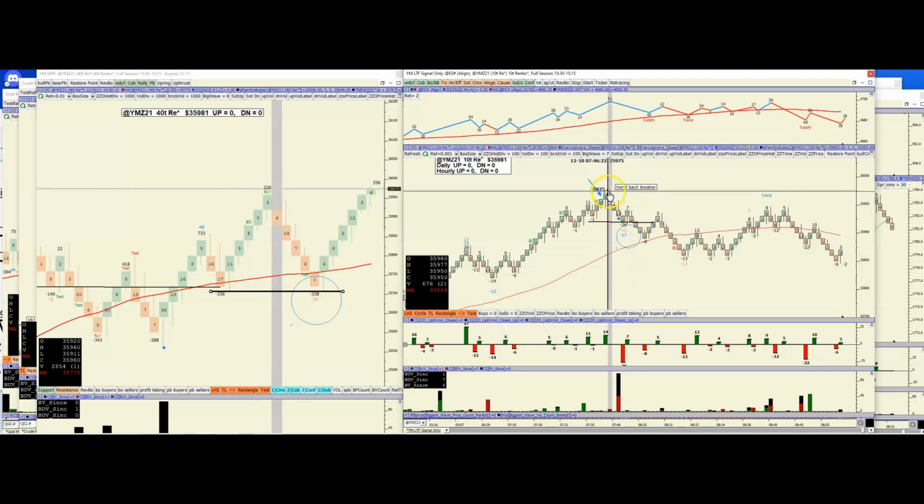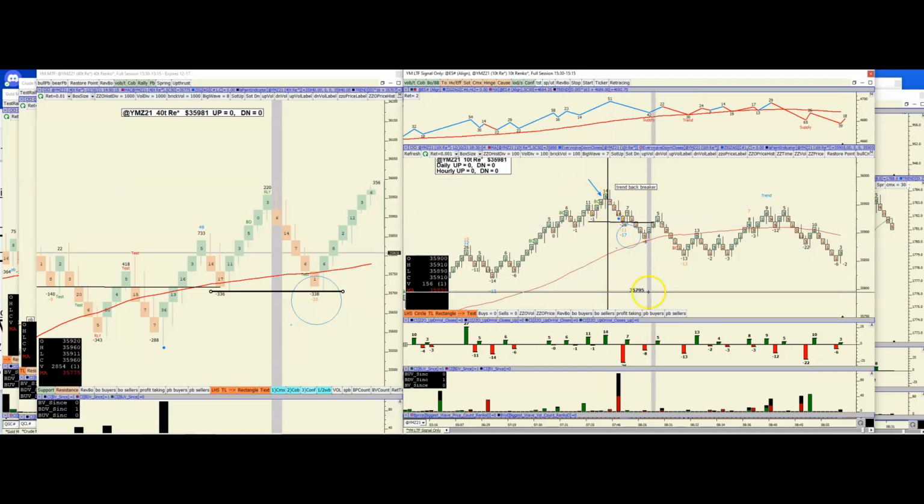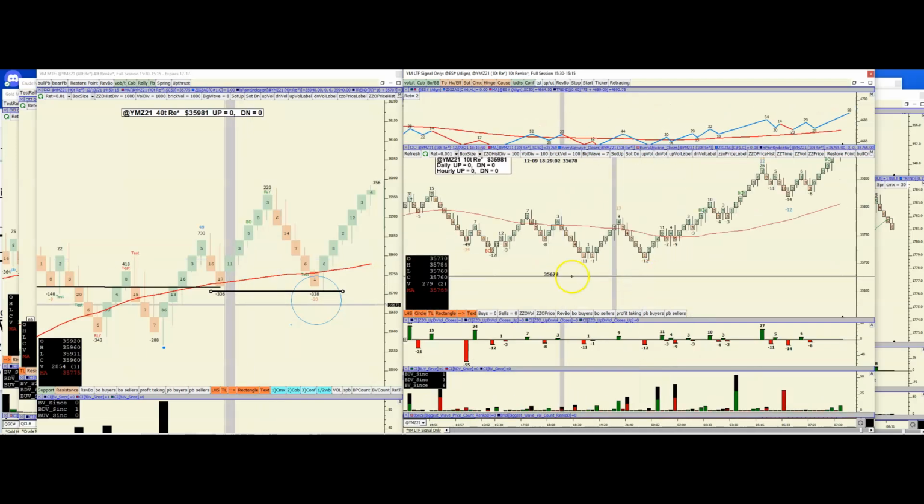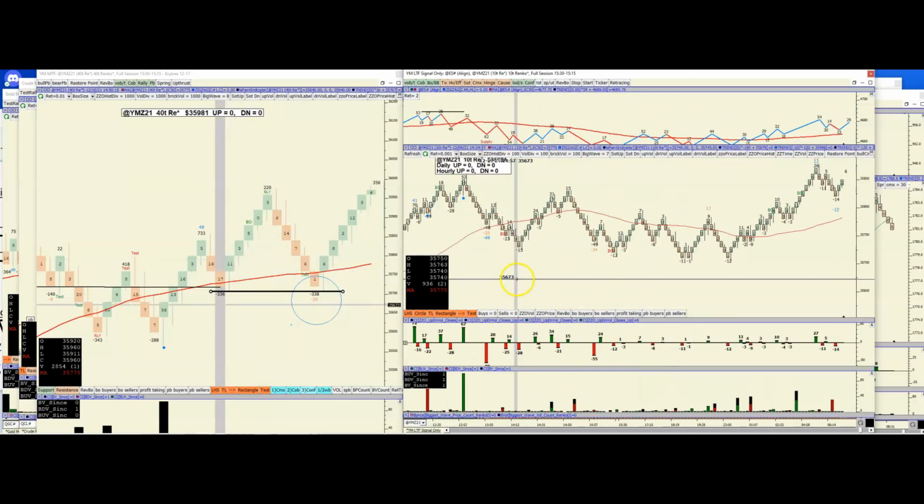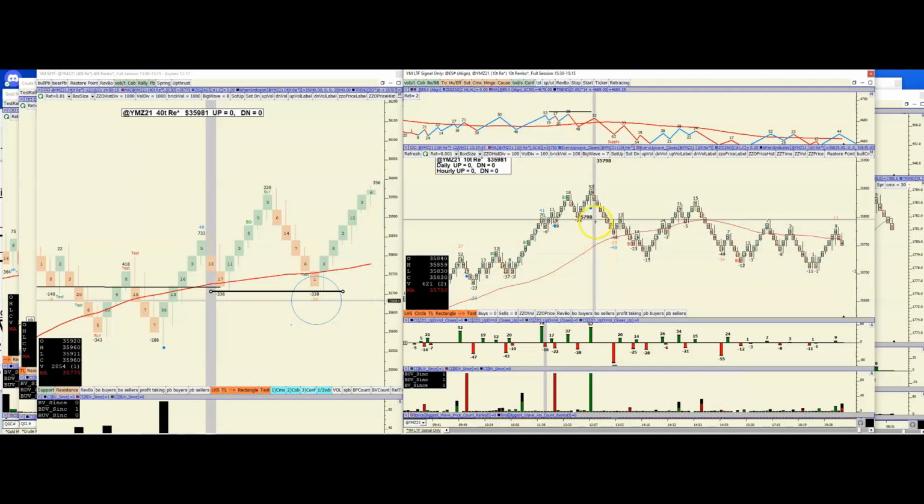So you have volume on the way up, volume on the way down, right?